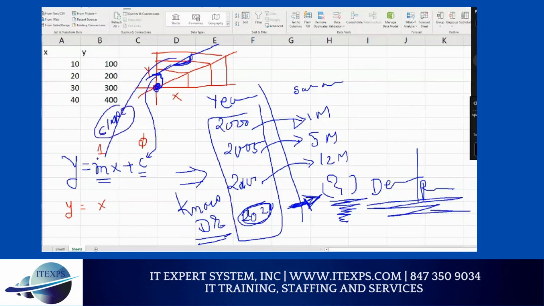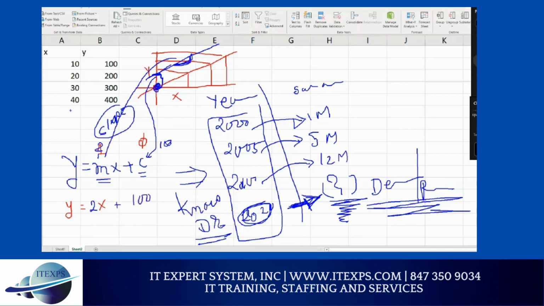Those who are scientists, data scientists, they do mathematics. We are going to do it without mathematics through Excel with a few clicks. And once we have M and C, we can easily predict Y. So let's assume M is 2 and C is, let's say, 100. So our formula will be Y equals 2x plus 100.